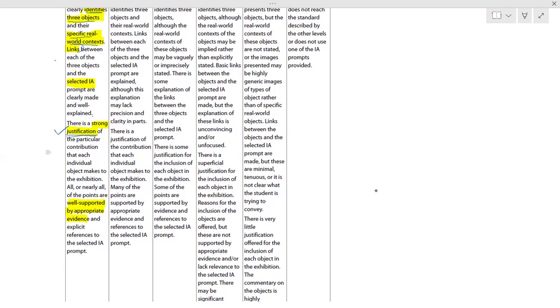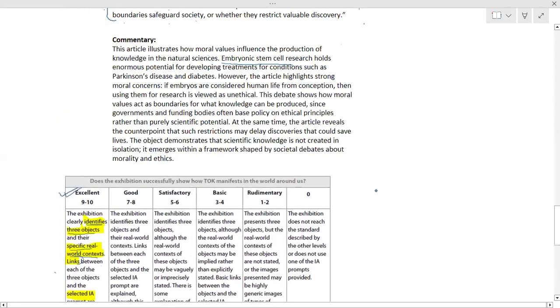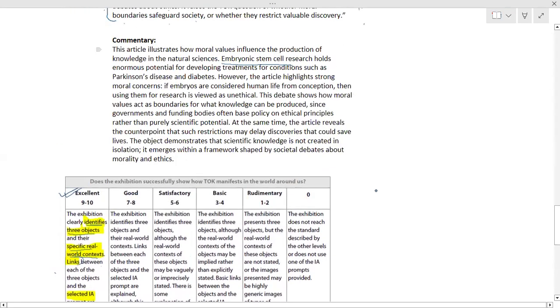If it is there, it makes a stronger commentary. All or nearly all of the points are well supported by appropriate evidence and explicit references to the selected IA prompt. So, whenever you are writing the commentary, you go back to connecting it to the IA prompt that you have chosen.